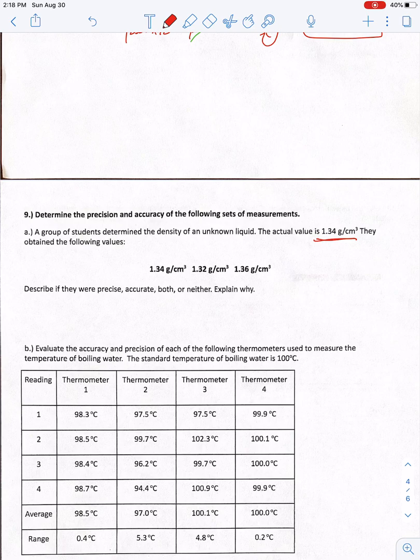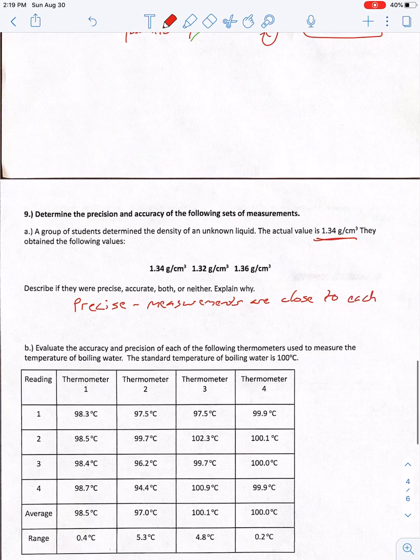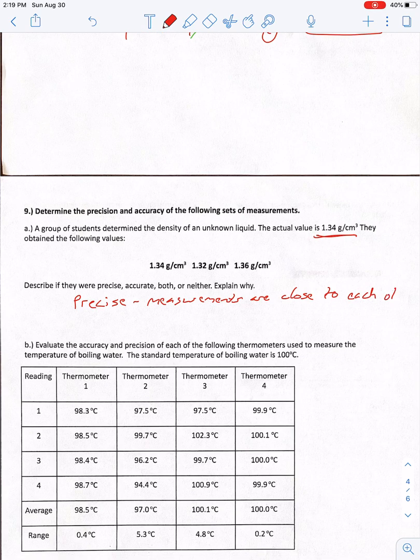Okay, so I'm going to start with precision. They are precise because measurements are close to each other. Precision is how close they are to each other. Those look pretty close to each other.